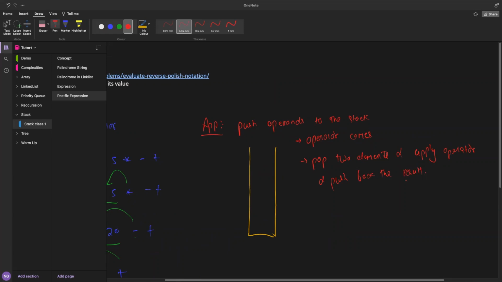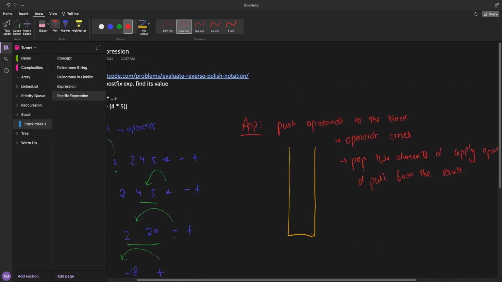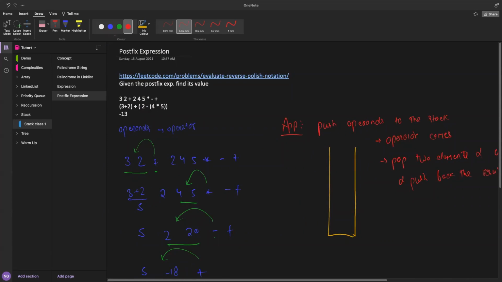Okay. So what happens is you inserted 3, you inserted 2. Then comes plus. So what you do? You pop 3 and 2 out. You do 3 plus 2. That will be 5. So you insert 5 again. Next, you got 2, 4, and 5. The next operator is multiply. So you take 4 and 5 out. 4 into 5, you get 20.